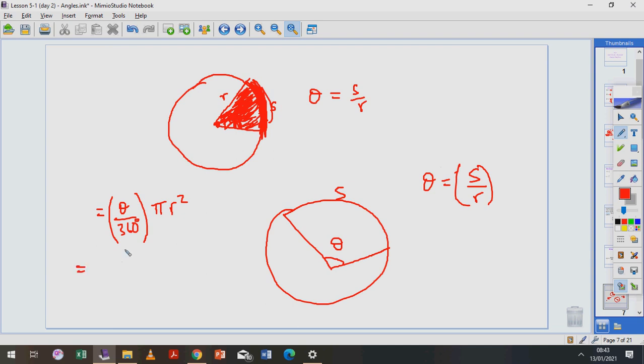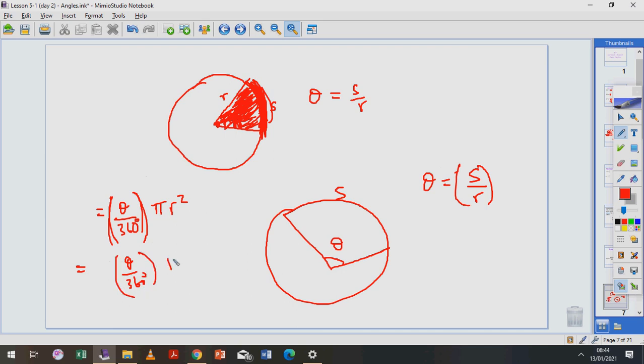since it is theta divided by 360 degrees, that's if the angle is in degrees. What would that look like if the angle was in radians? Currently theta is in degrees, and it's out of 360.